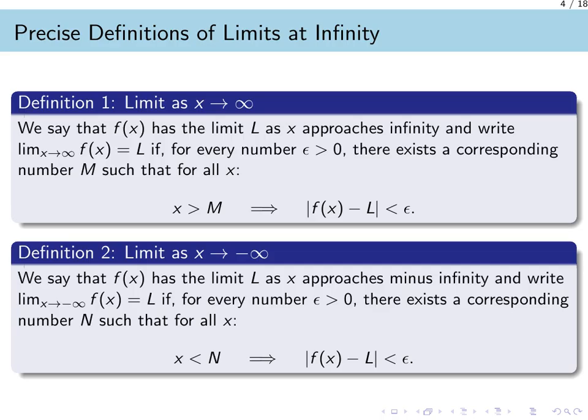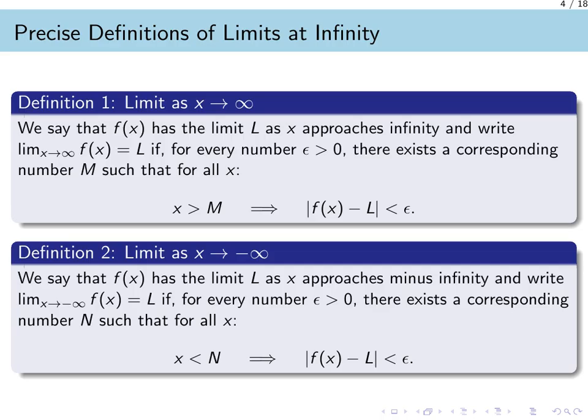I will now formalize our intuitive idea of a limit at infinity with its precise mathematical definition, which provides the rigor needed to prove important properties. The first definition states that a function has a limit L as x approaches positive infinity if, for any small positive tolerance we choose, called epsilon, there exists a corresponding number M. For any x value greater than this M, the distance between the function's value and the limit L will be less than epsilon.